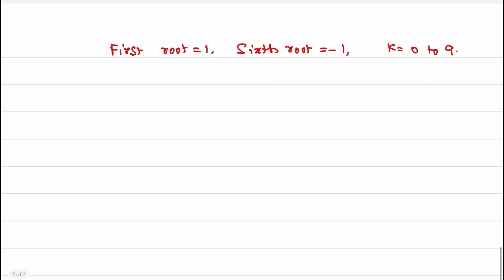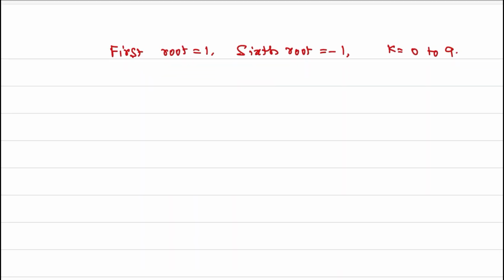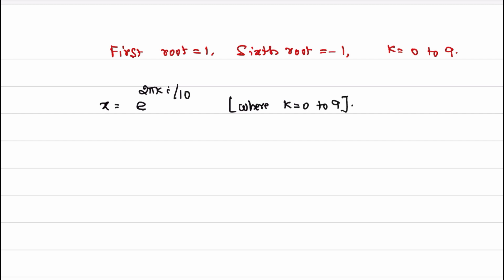Now we can say the solution is x is equal to e to the power of 2 pi k i by 10, where k is equal to 0 to 9. Xk, so that you can find out x1, x2, x3. This is how the roots of unity have to be found out.